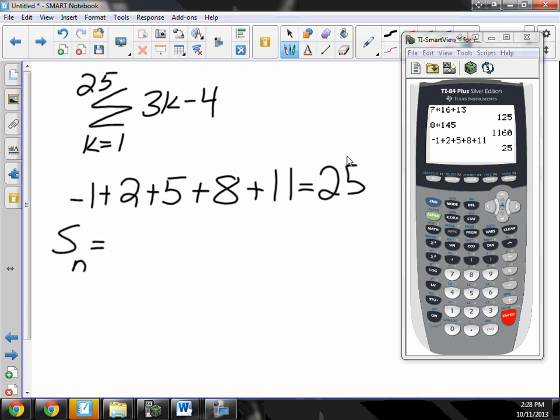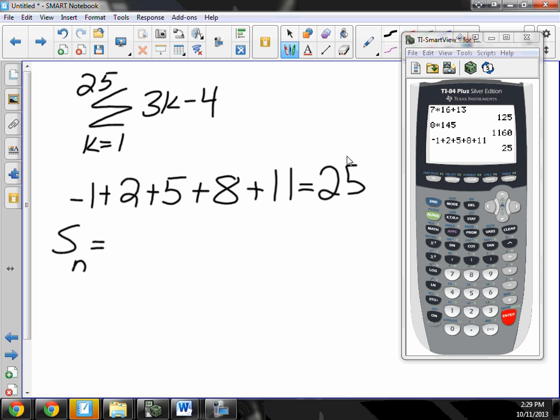You change the 0 to a 1 and the 1 to a 2, so you'd add 1 to all of your n values, and then you would subtract off what you need here. So if it starts at a sub 0, I would turn it into a sub 1, and then I would subtract 3 from that, so it would be 3k minus 7. And then I would use the formula I'm about to give you. But that's not going to happen. So it's kind of a mess, which is why we just don't do it.